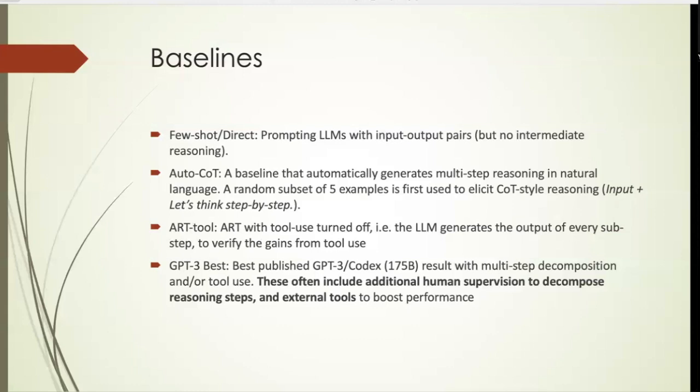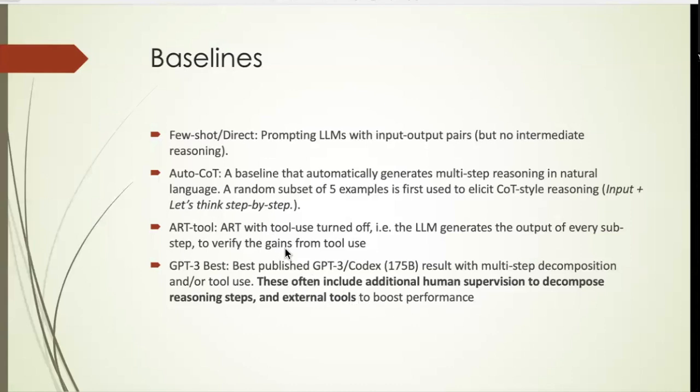They also have a GPT-3 best. These are the public best results, but these are not automated results, because this may also include additional human-crafted prompts and also using external tools to boost the performance.